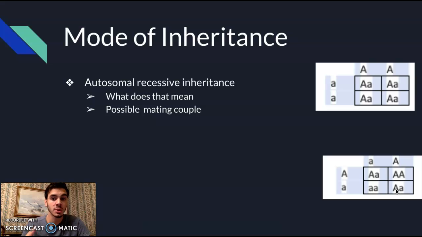So the recessive gene will not be expressed, only the dominant. And then 25% of their children would indeed be affected by the disease, because they would be homozygous recessive for the disease. So they would have both recessive genes and have all the symptoms of the disease.